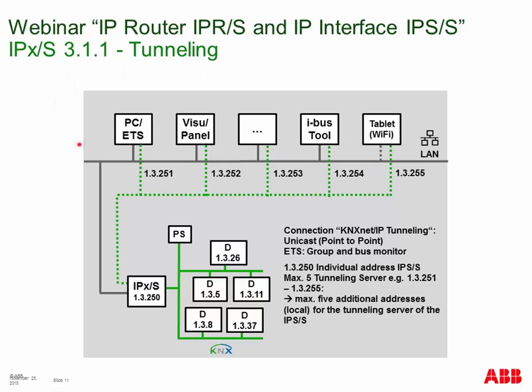And all these applications, up to 5, can work via a tunnel connection through our IP interface, IP router, to the real components behind in the twisted pair world. You see, each tunnel connection also gets an individual address, an additional individual address, showing you here that you have an individual tunnel available.